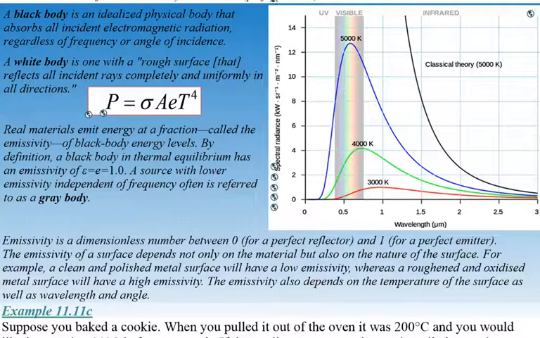And so the graph represents how the radiation happens at different wavelengths. The hotter objects have shorter wavelengths, and the cooler objects have longer wavelengths and lower frequency.